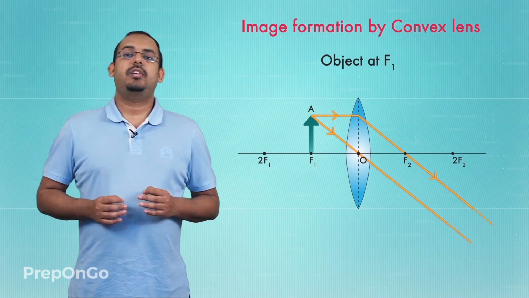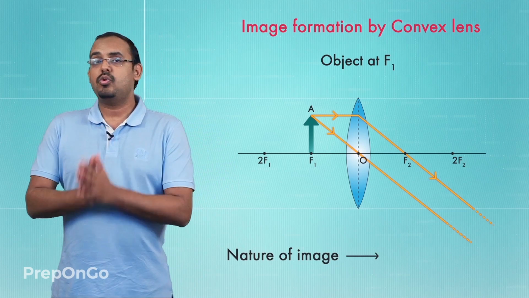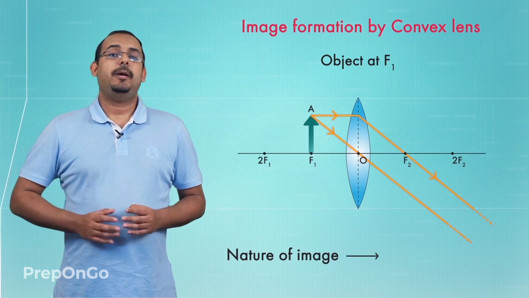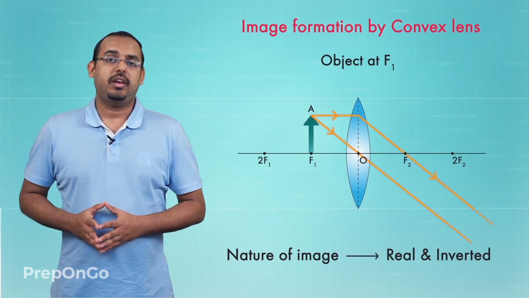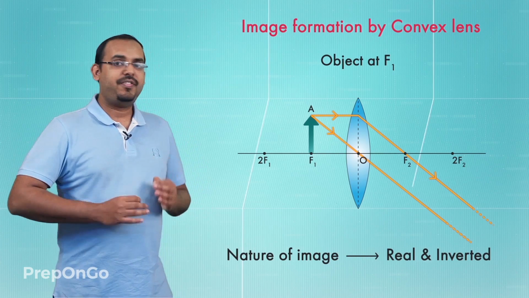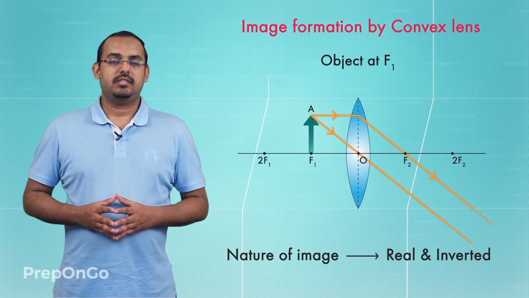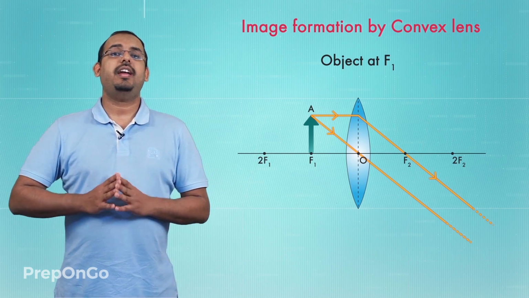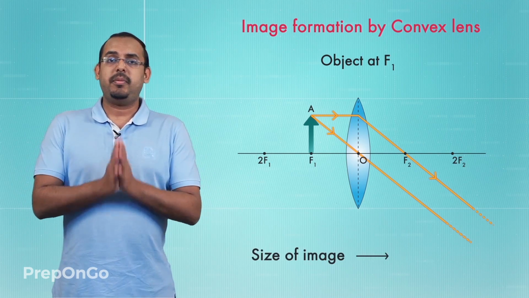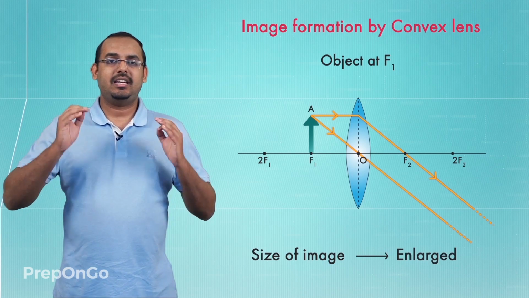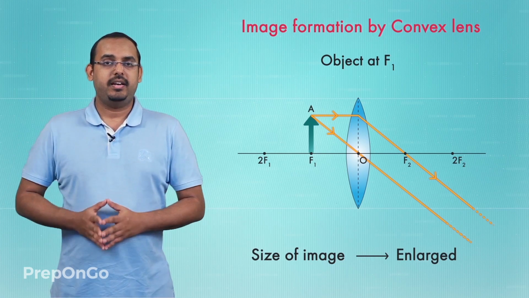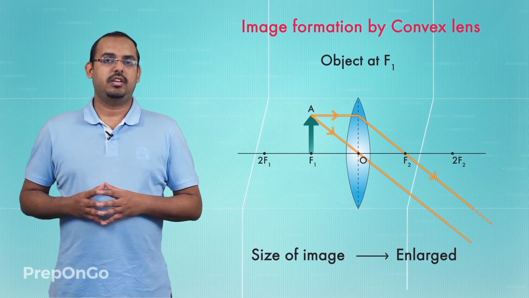So in this case, where we had placed the object at the focus of the convex lens, we find that a real and inverted image is formed at infinity with respect to the convex lens. What you observe is that the image that is formed is highly enlarged in size when we compare it to the size of the original object.